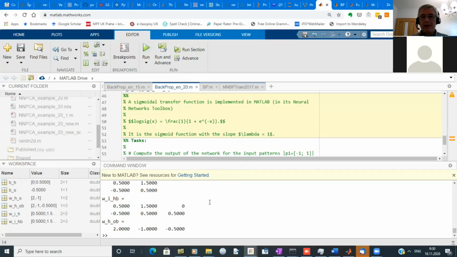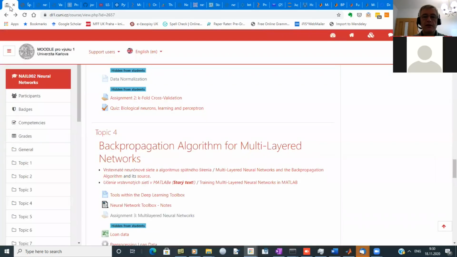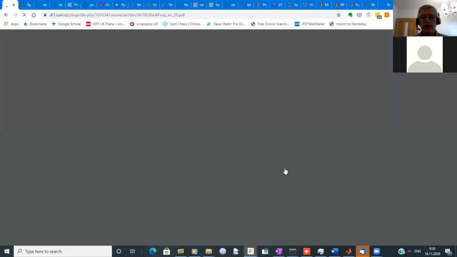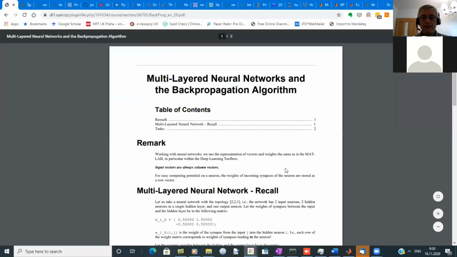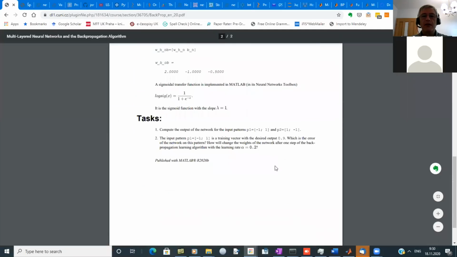As I said, the neurons in the multi-layered perceptron usually use some continuous function, which is not the signum function used for the perceptron. The usual function is the sigmoid function, and here is the code of the function, which of course you can read in the PDF description.